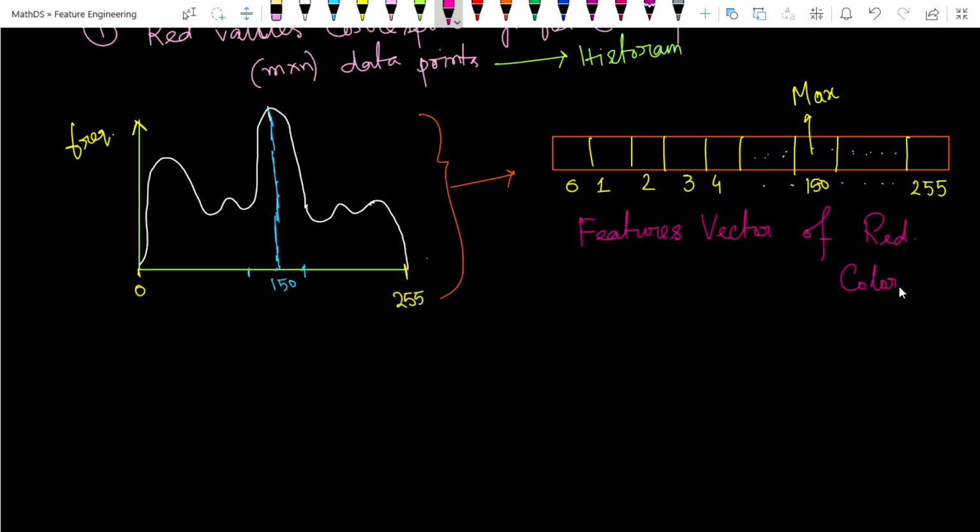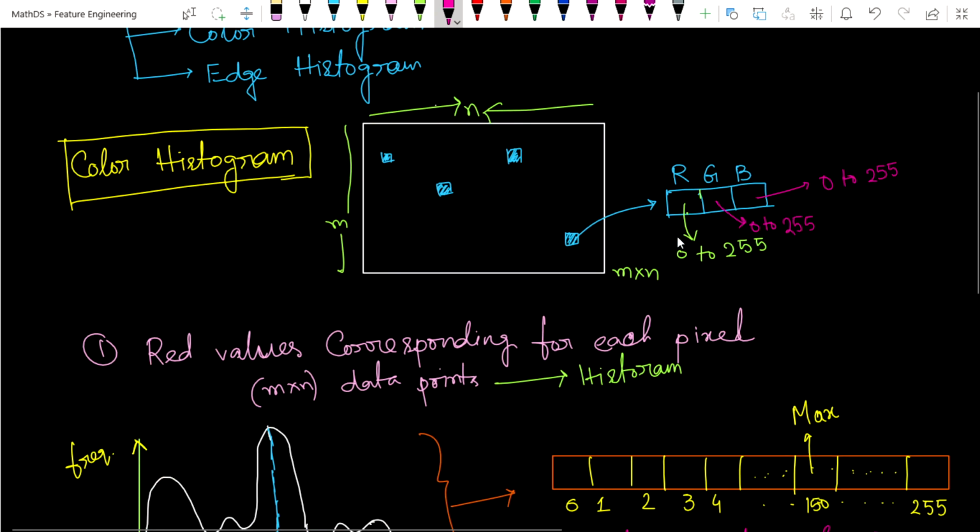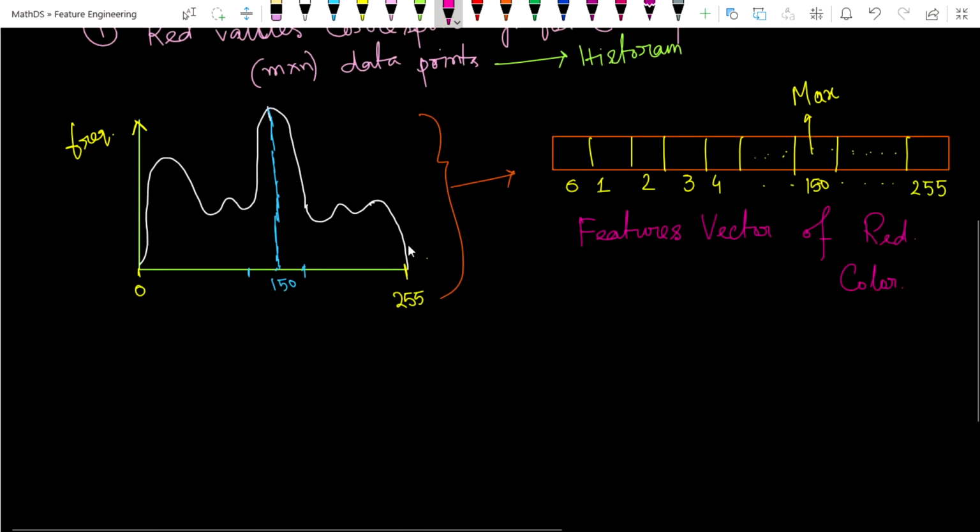Now the same thing can be done for the green color and the blue color also. Just see it, pixels are combinations of red, green, and blue, and by using this density, we can plot the histogram, and we can convert these histograms into a corresponding feature vector.